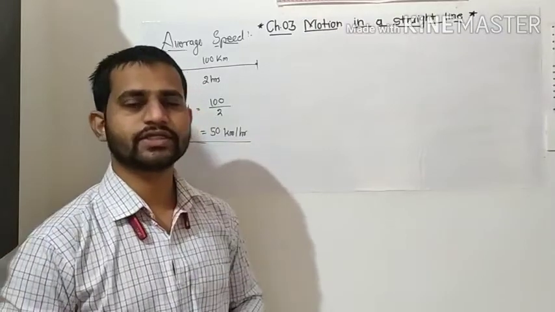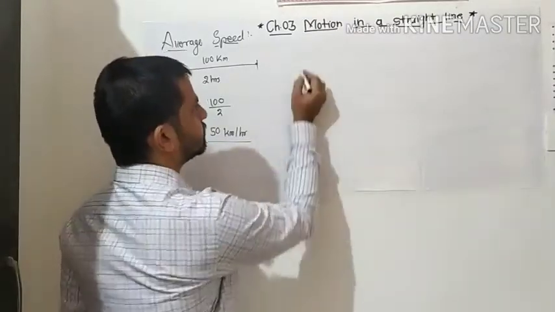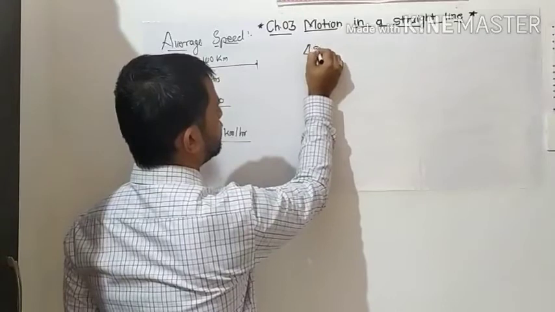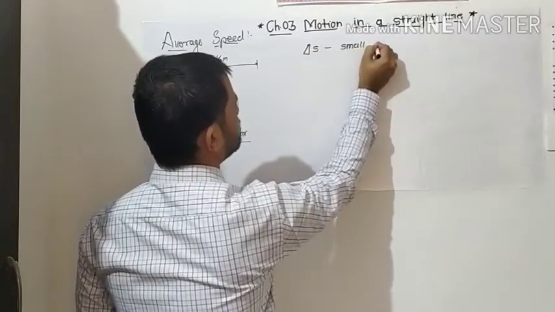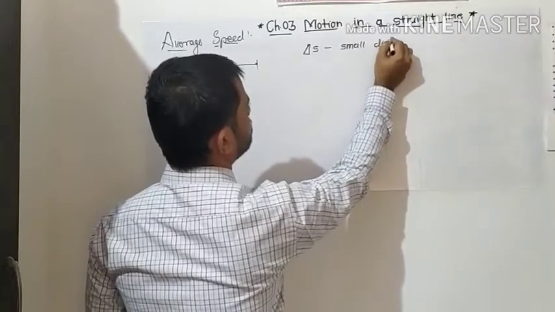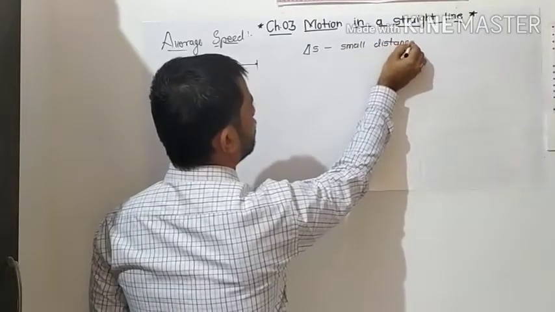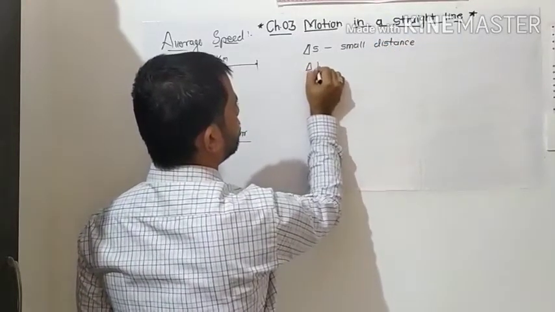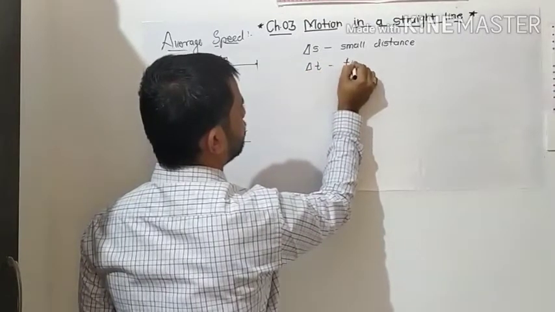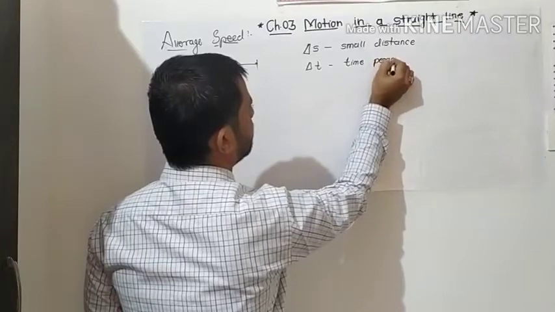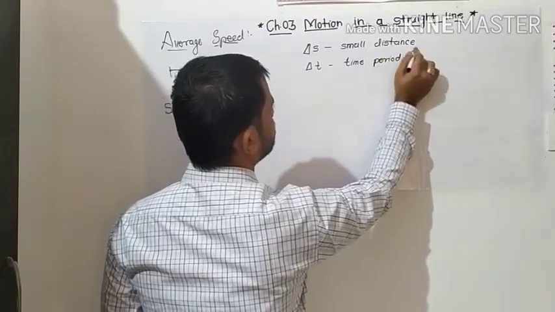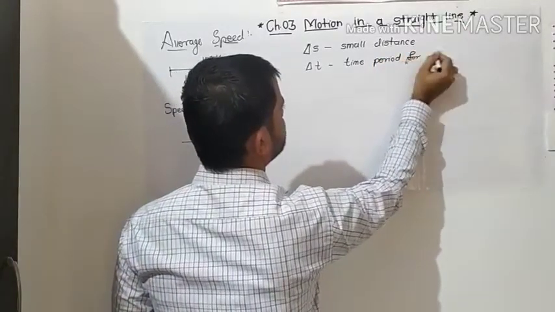Suppose that small distance is delta S, and let delta T be the time period to cover this small distance.